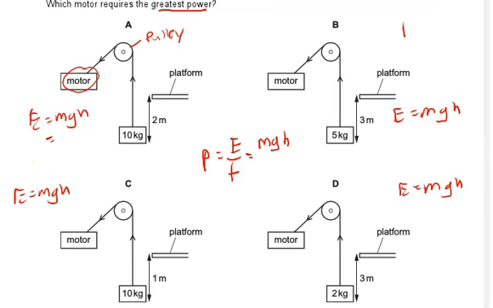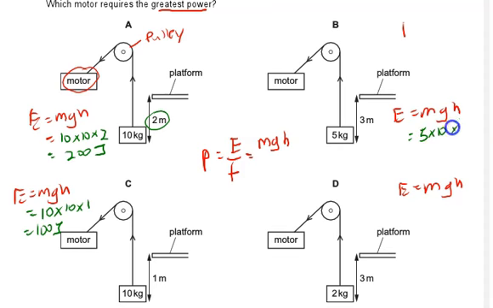Now this is 10 kg times 10 times 2 for the height, you'll get about 200 joule, and here will be 10 times 10 times 1, which is about 100 joule, and here about 5 times 10 times 3, which is about 150 joule, and here will be 2 times 10 times 3, which will give us about 60 joule.